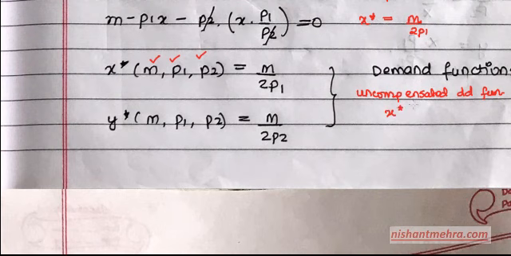I'm sorry, I'm putting the screen up and down many times. Uncompensated demand functions are functions of income and prices. While finding uncompensated demand functions, the only thing which is varying is prices, and the nominal income is being kept constant. It is given to you. It doesn't change.